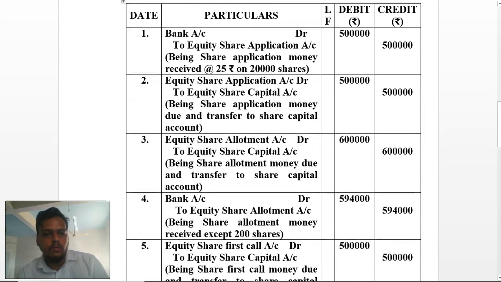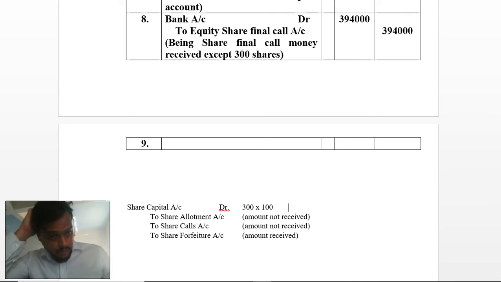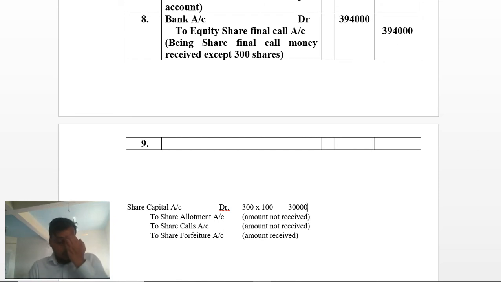So the first thing you have to do is, in the forfeiture account, make the share capital account a debit. 300 multiplied by 100 is equal to 30,000 rupees that you are forfeiting. Now, on share allotment, you have not received the amount on 200 shares. Be careful with this because this is a very important entry.